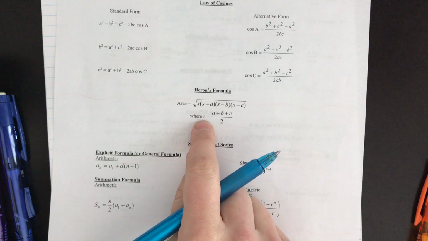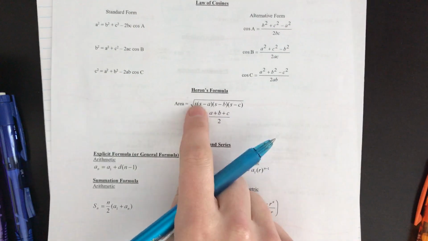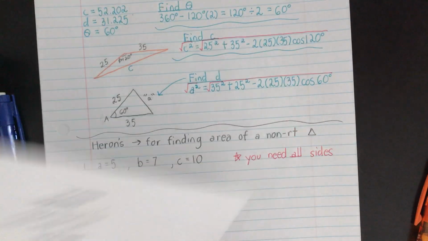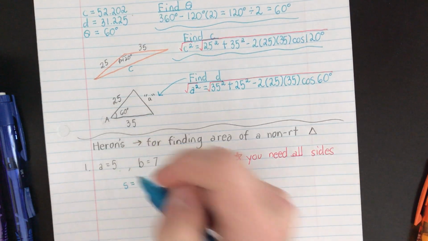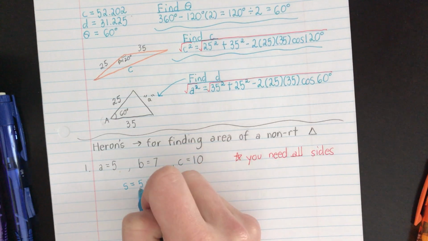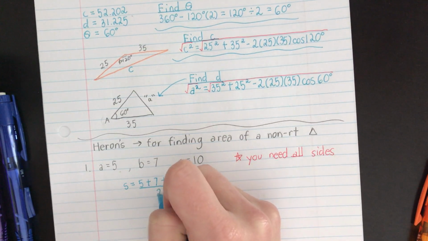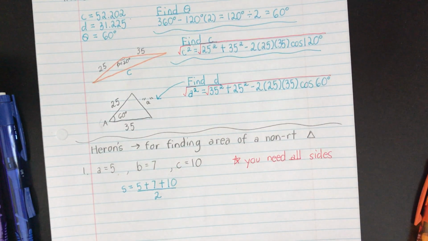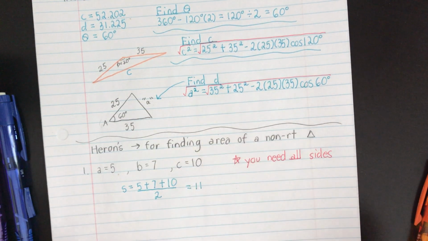You first must get S to plug in for the area. So S equals A plus B plus C over 2, 5 plus 7 plus 10 over 2. So we have 22 over 2, which is equal to 11.